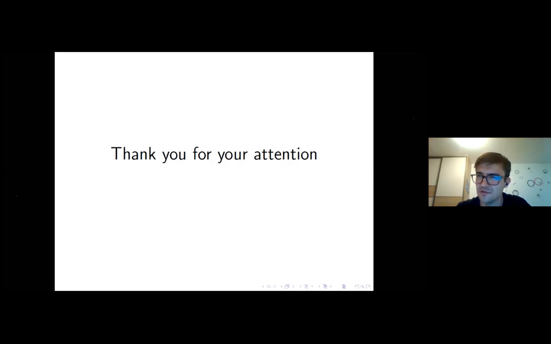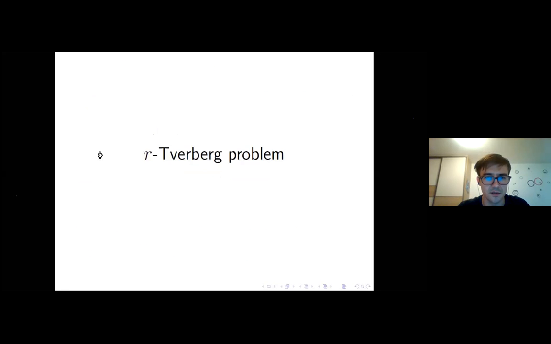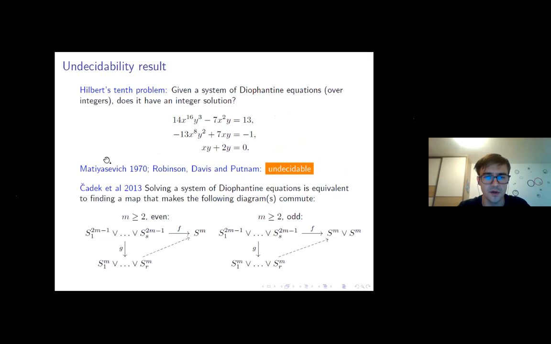For these m greater than 2 and odd, the reason you need a wedge sum of two spheres and not just a single one is something about the homotopy group of the sphere, which is different when m is odd and when m is even.